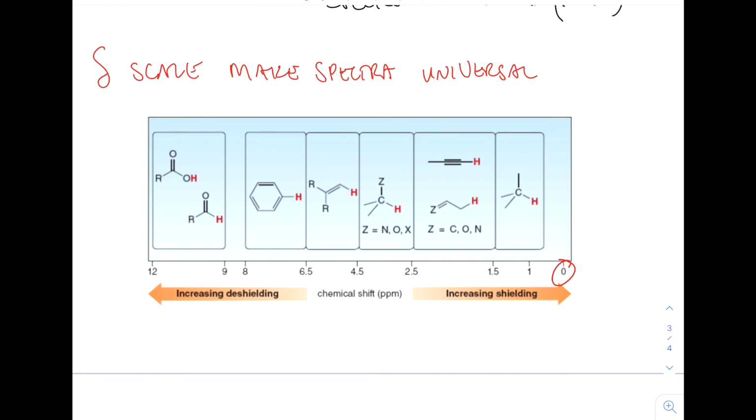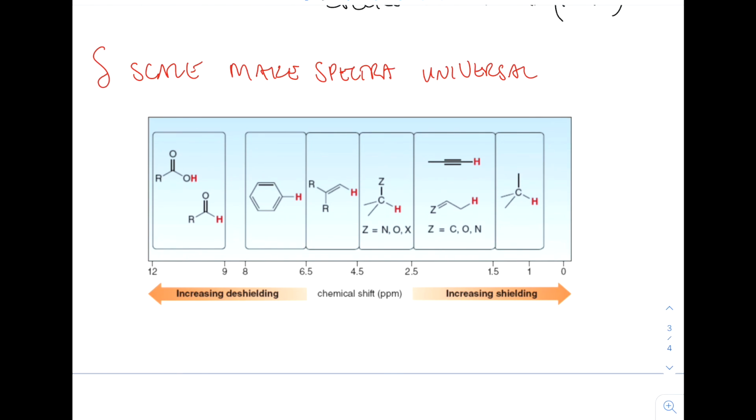We have that scale of 0, on here it's 0 to 12, but typically you might see the window from 0 to 12 or 0 to 14. It's the same thing. And what this is showing you is that the hydrogen highlighted in red in all of these is going to show up in this particular region.